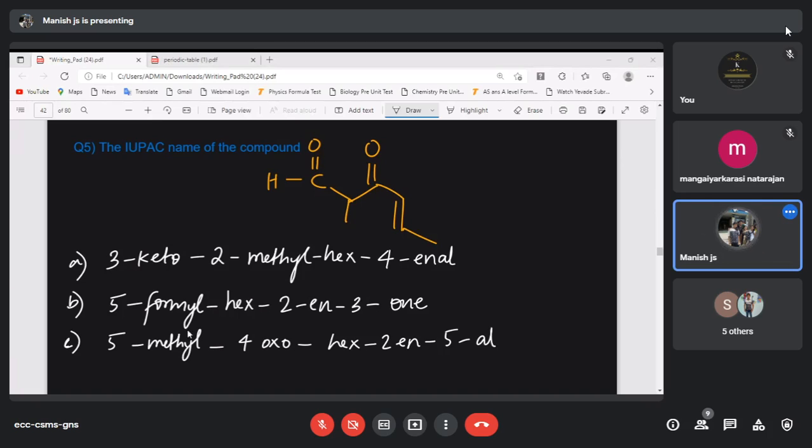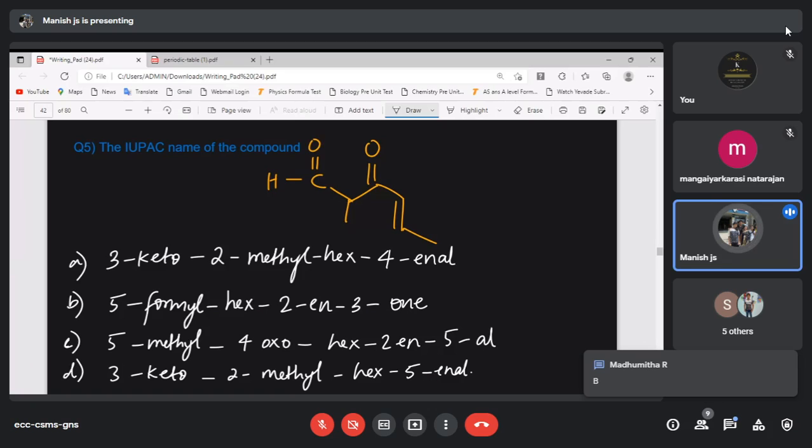Option D is keto 2-methyl X 4-enal. Option B is five-formyl X. So these are the options.